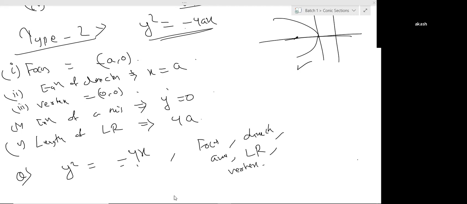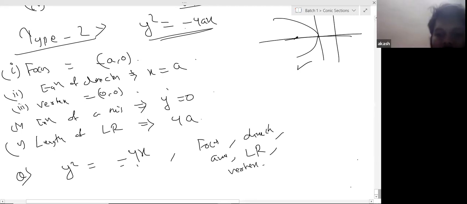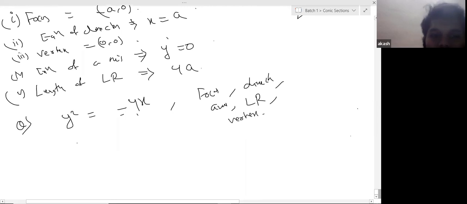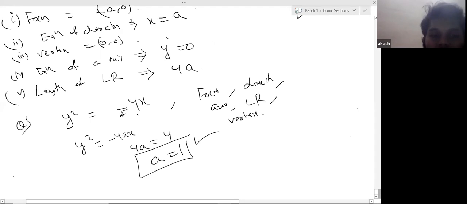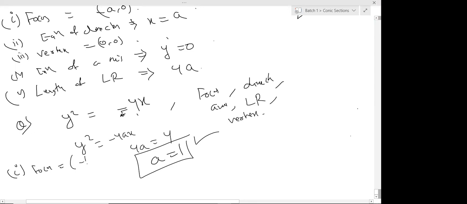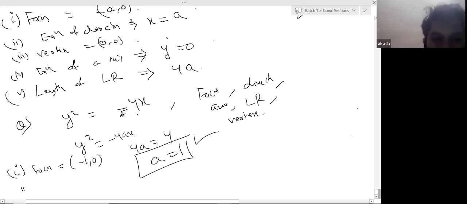All right, let's compare to the standard equation. Standard equation will be minus 4ax because of the negative sign. So 4a equals to 4, that means a equals to 1. If you get a, you get all the answers. So focus is minus a comma 0, that means minus 1 comma 0.